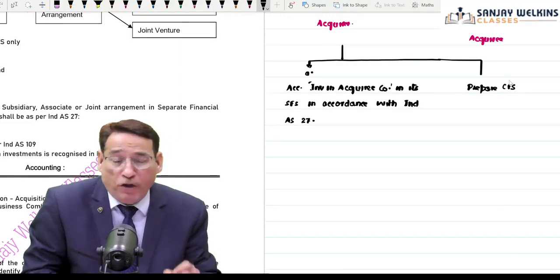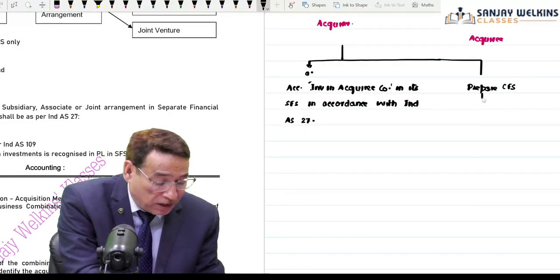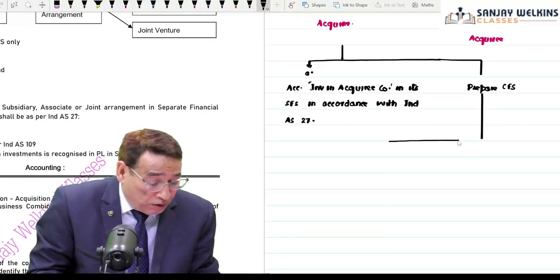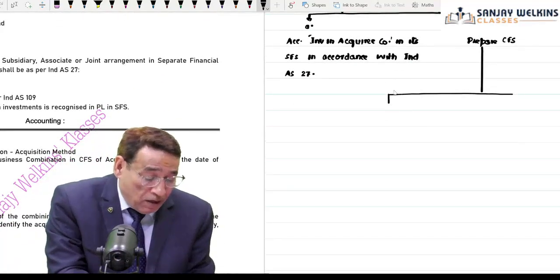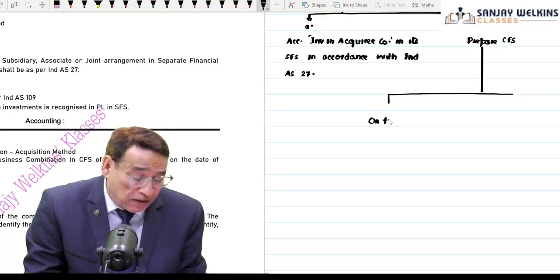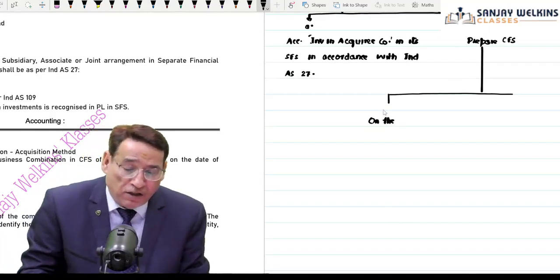But the important point is that this time the investor entity will prepare the consolidated financial statement on the date of acquisition. On the date of acquisition means the date on which you have acquired control over the other enterprise, correct?